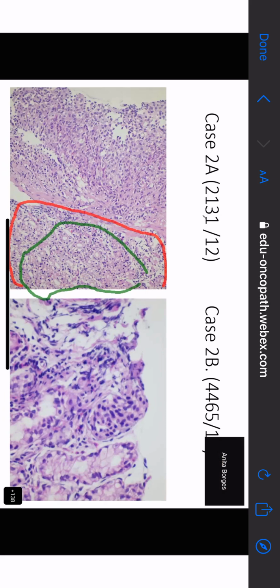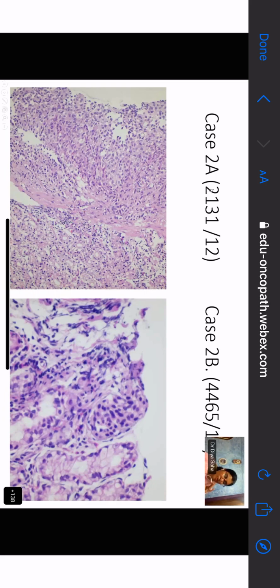Muscularis mucosae separates what from what? Muscularis mucosae separates the lamina propria and the glands from the underlying submucosa.